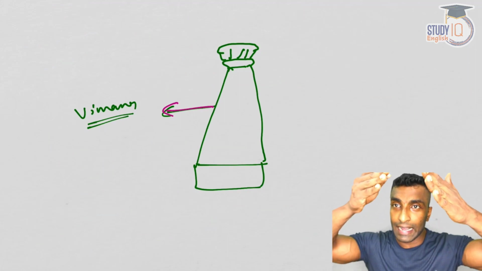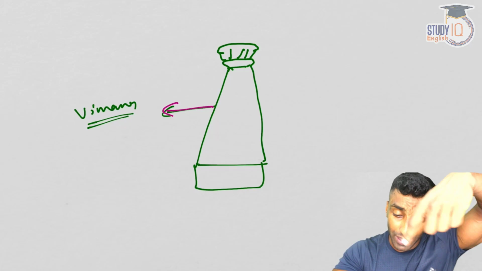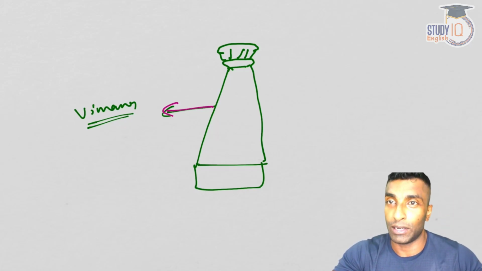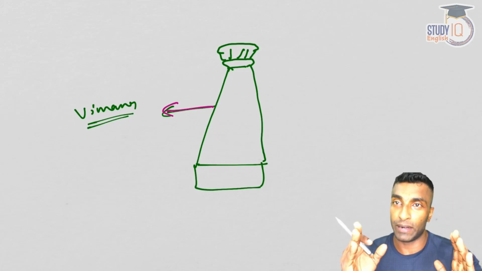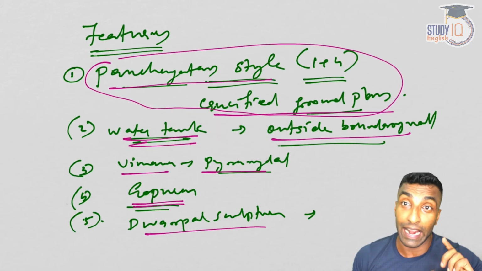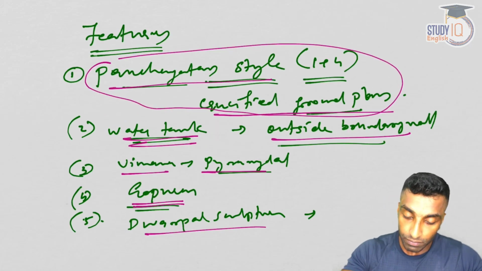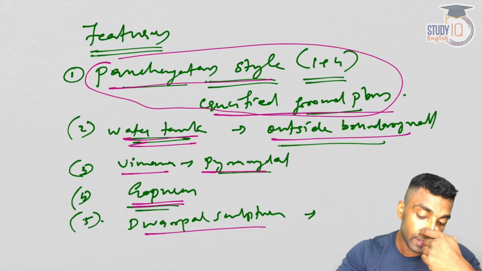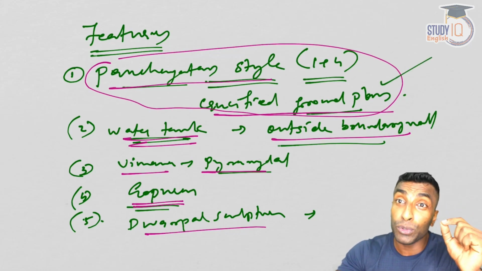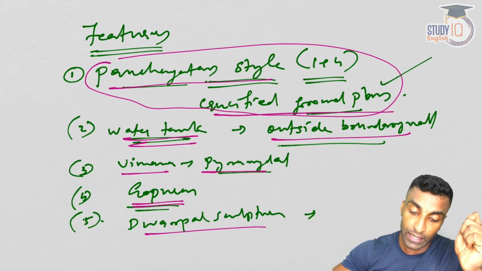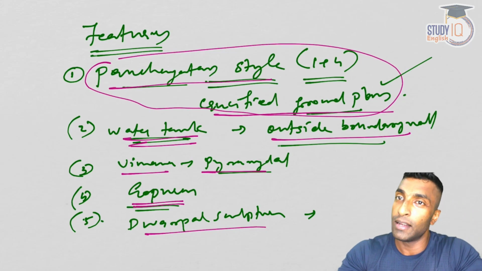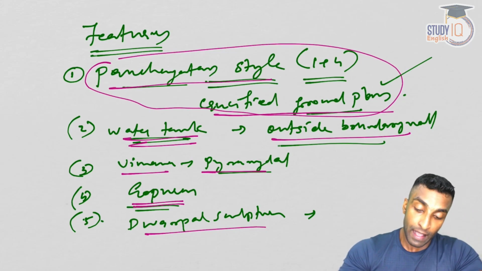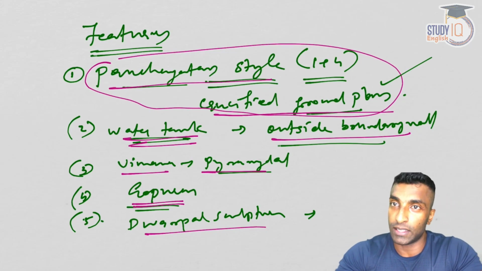So can you see this is exactly the pyramidal structure, and on top some kind of symbol is also there. You won't find any curve in any part of this. Features: the Panchayatan style is a similarity. The cruciform ground plan is also a similarity; in both you will find it. And then the water tank, which is again a specific feature of South Indian style.